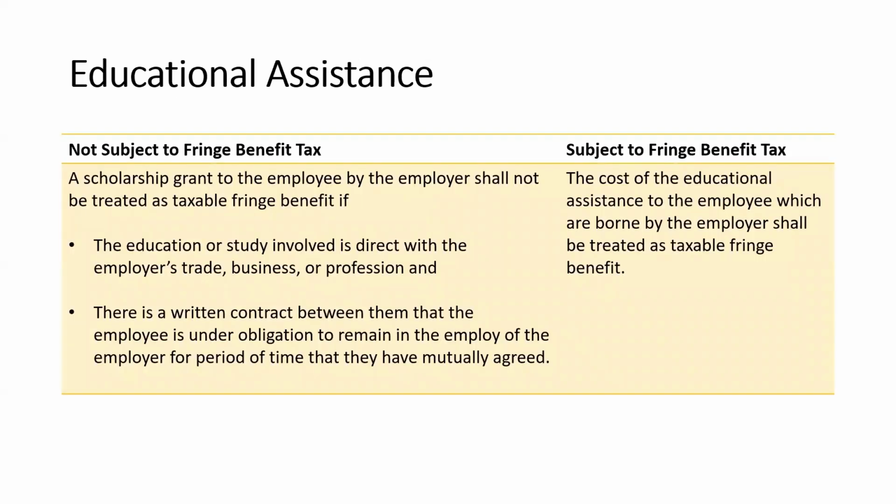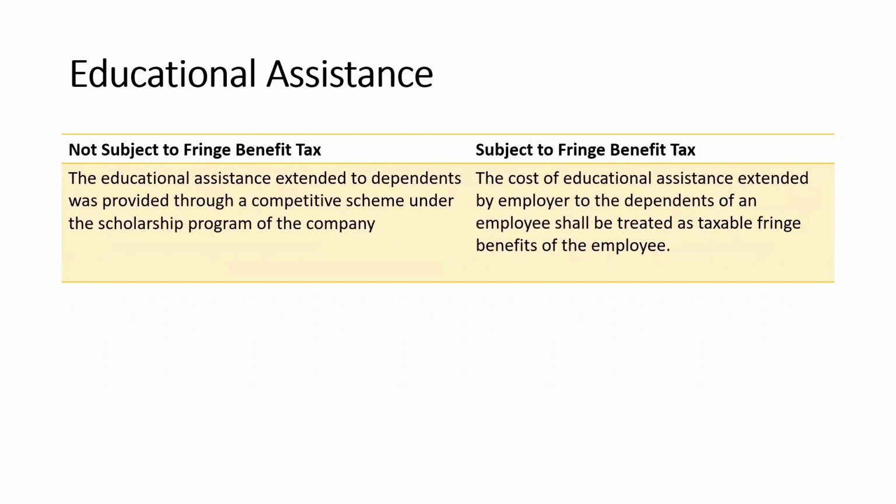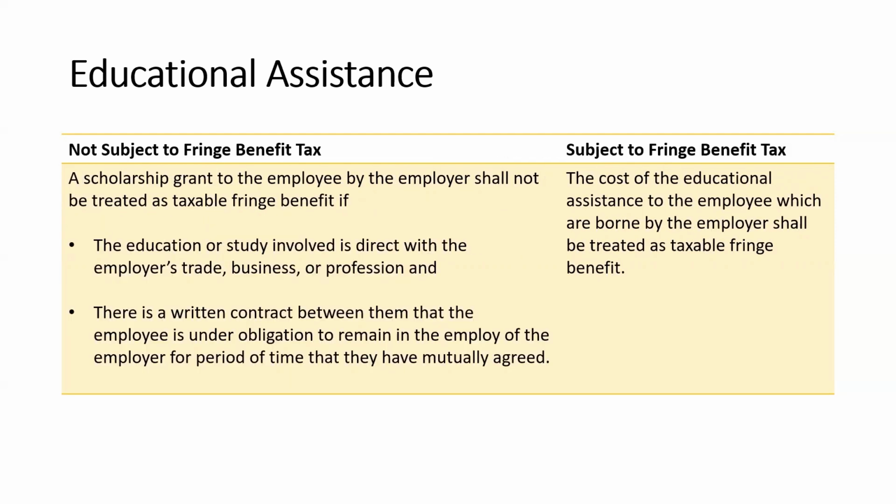Educational assistance, hindi subject sa fringe benefit tax kung yung dependent mo, yung anak, may anak ka, and then sa dependents, dito muna tayo. Hindi subject sa fringe benefit kung yung employee mismo ay pinag-aral.